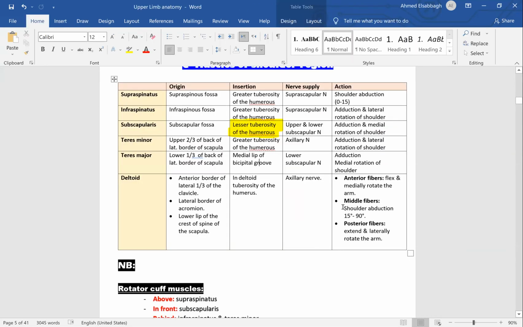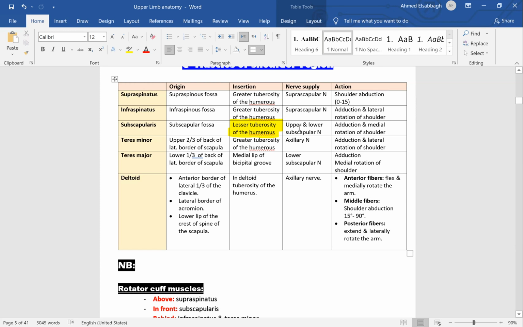Nerve supply: just know the nerve supply of supra and infraspinatus, which is the suprascapular nerve. Both muscles are supplied by suprascapular nerve. Action: just know the action of supraspinatus, which I have already mentioned, which is shoulder abduction from 0 to 15.